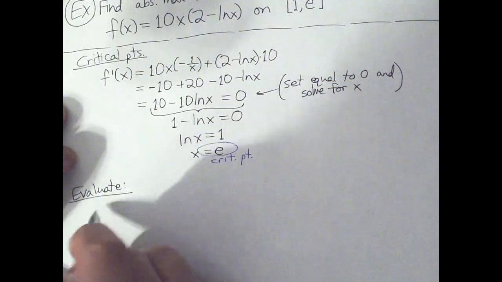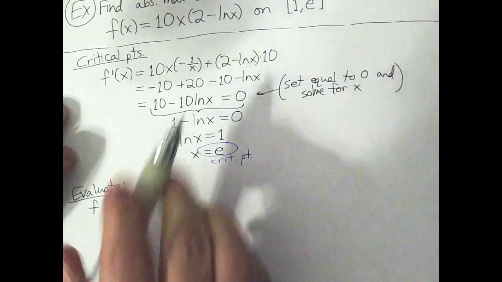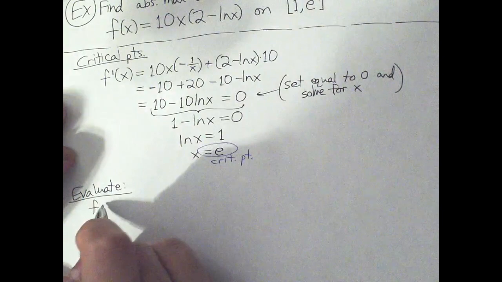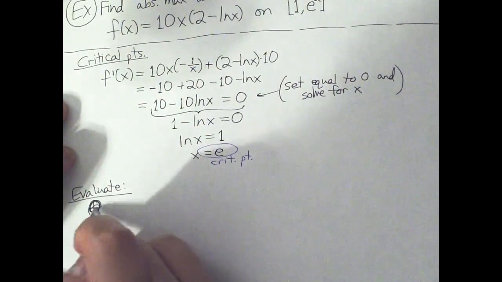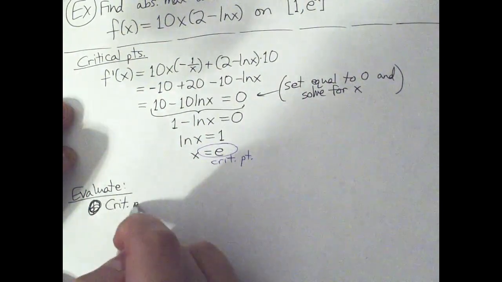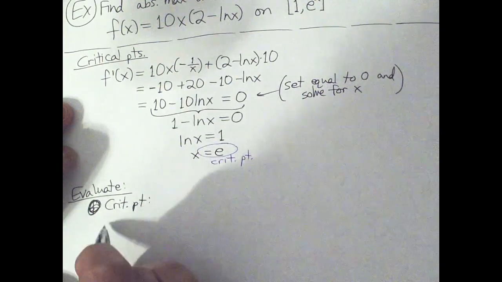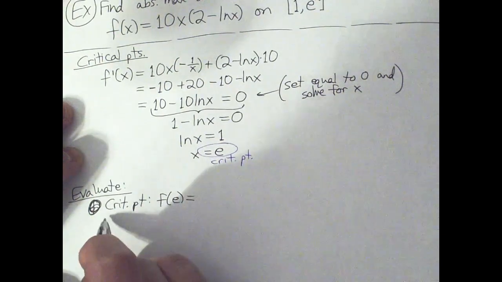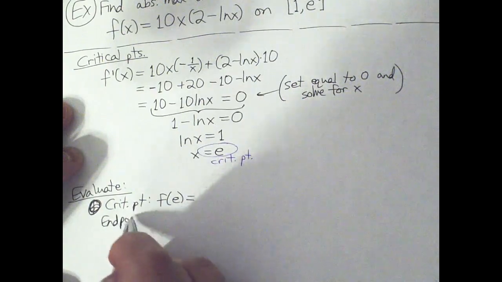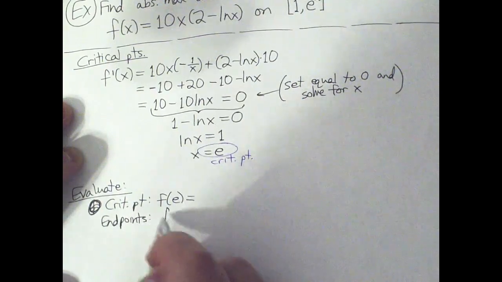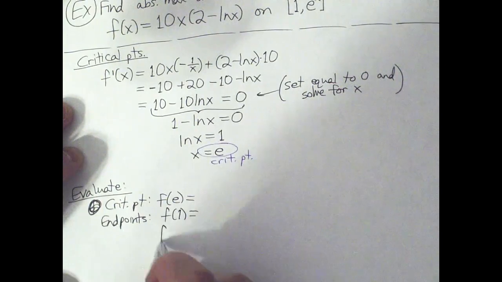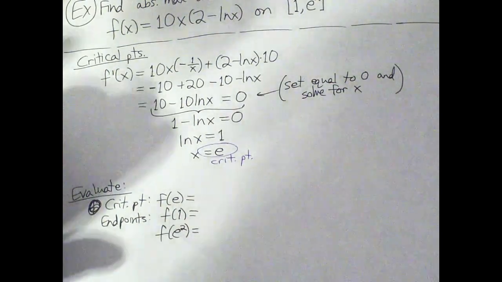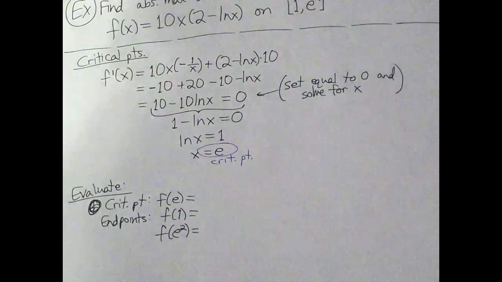We need to evaluate f, the original function that was given in the problem, at critical points and at endpoints. So we need to do f of e, and the endpoints, which are f of 1 and f of e squared. Like I said, you could check these 3 in any order as long as you check all of them.